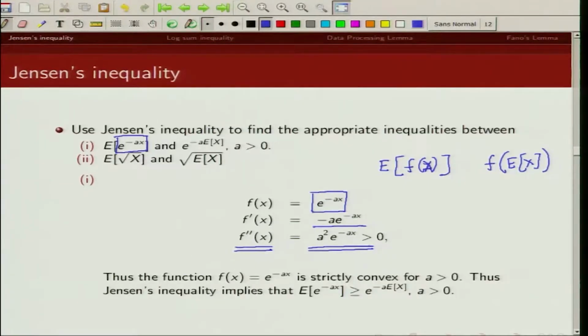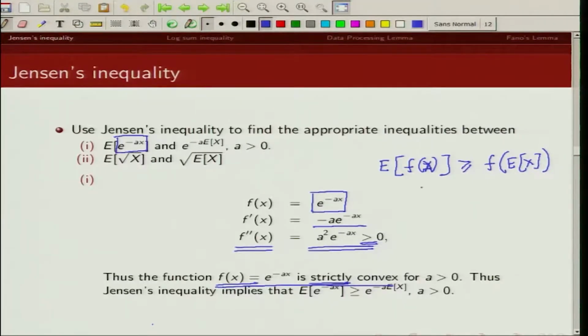We know that the function is convex. So our f of x is a convex function, and it is strictly convex because the second derivative is positive. Now if it is a convex function, then we know the expected value of the function is greater than or equal to the function evaluated at the expected value of x.